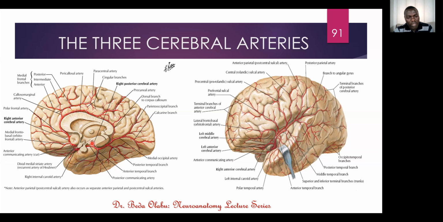The posterior cerebral artery is a branch of the posterior circulation as opposed to a branch of the anterior circulation. Posterior cerebral artery supplies most of the temporal lobe, especially in the medial aspect and inferior aspects, and most of the occipital lobe on the medial aspect.